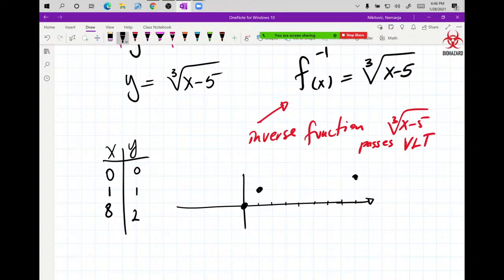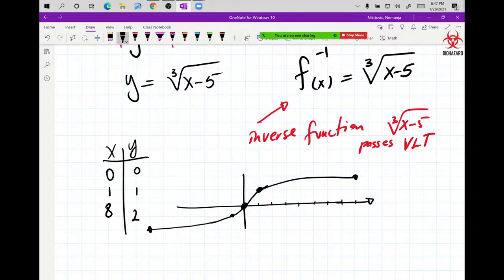The odd roots are okay with negatives. Even roots are not, because they spit complex numbers out. But the odd ones are okay. So I'll also have that puppy all the way there. So the graph looks like this for my cube root function.